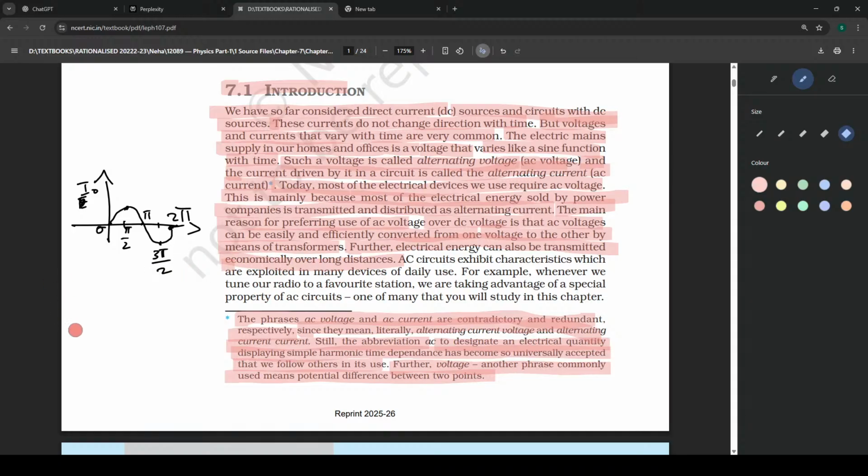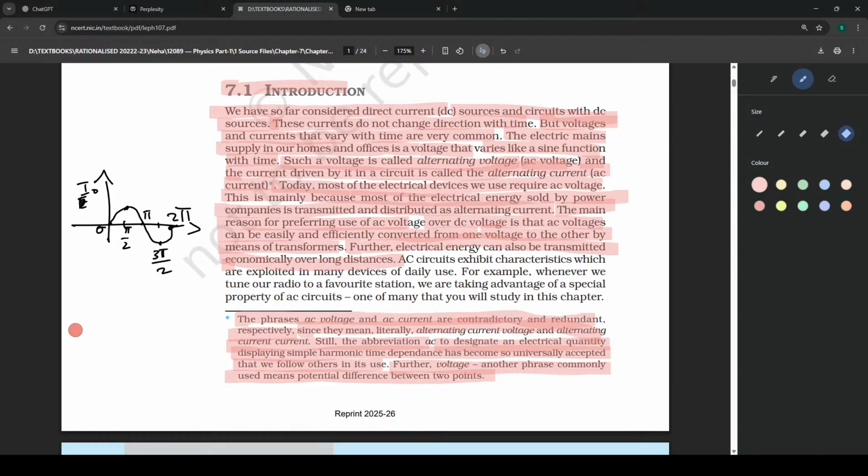And one more reason why we use AC current is because we can manipulate the voltage. Normally in transmission lines the voltage is very high, but in our homes the basic voltage is 220 volts and 50 hertz. That is the basic voltage in India. So we need that much.